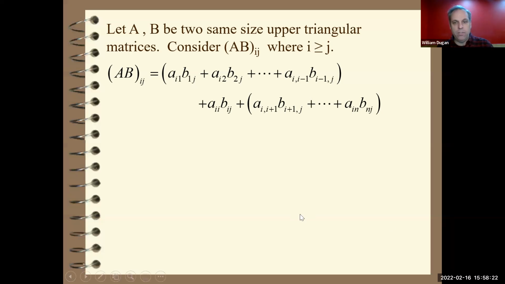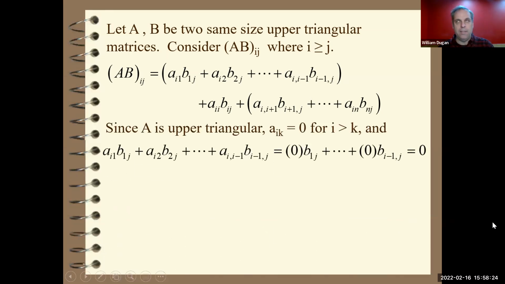Next, consider some cases. Since A is upper triangular, then every single a sub ik is going to be 0 if i is more than k. So in the first set of parentheses, notice that this is more than that, and this is more than that, and at the end here, this is certainly more than that.